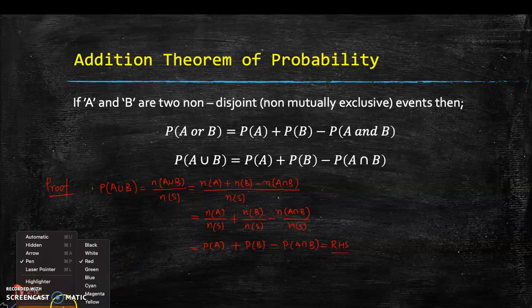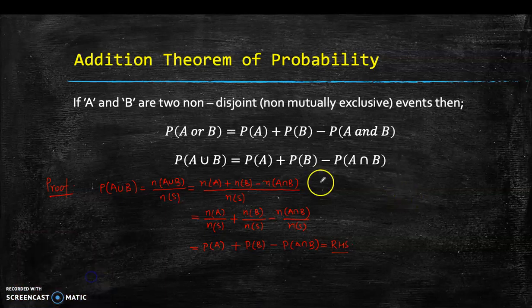I can also talk a little about how this numerator has been obtained, but let's first talk about what happens if A and B are disjoint, or mutually exclusive.